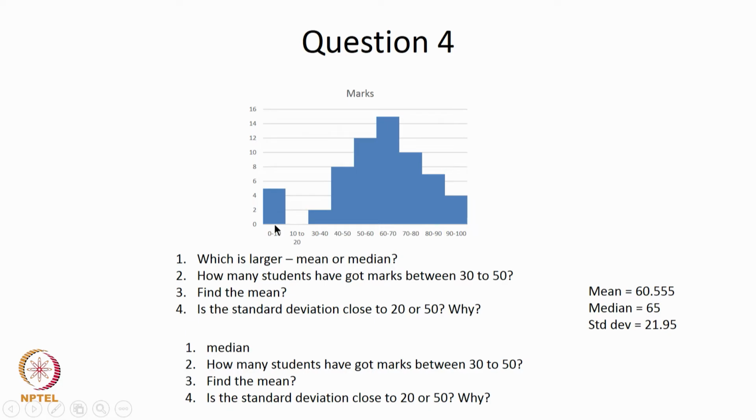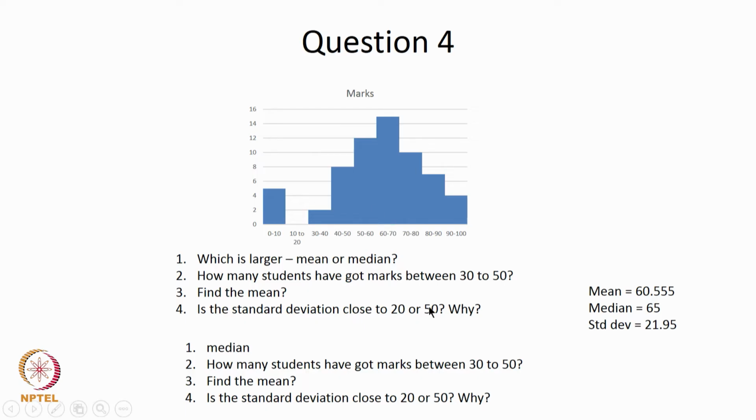So, 0 to 10 is represented by a midpoint of 5, and the frequency is 5. Here the midpoint is 35, the frequency is 2, and so on. Then we multiply the midpoint with the frequency and divide by the number of observations. We will get the mean, which happens to be 60.555 in this example.